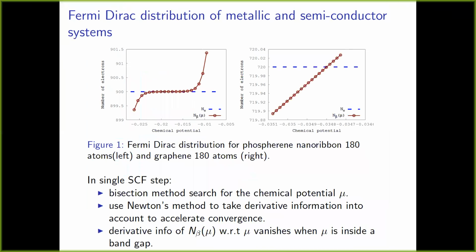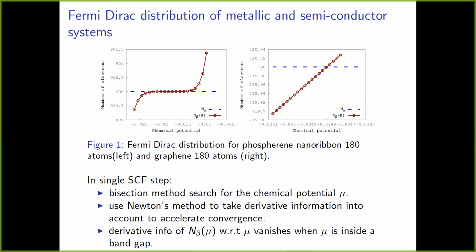So for the Fermi Dirac distribution, in these two pictures, the left one shows a semiconductor system and the right one shows a metallic system. So you can see the Fermi Dirac distributions of those two systems are quite different. And in the old PEXSI method, what we do is a bisection method to search for the chemical potential mu.